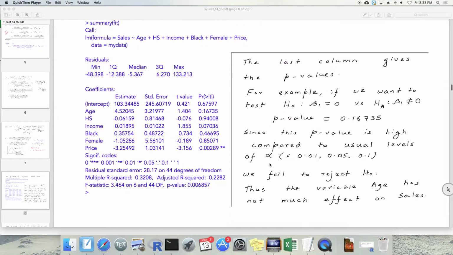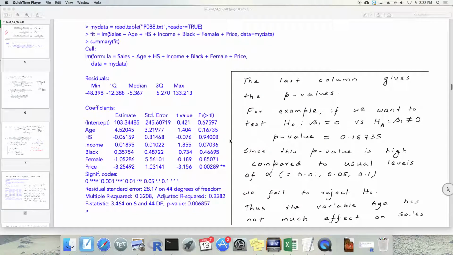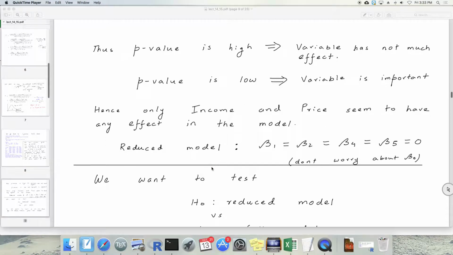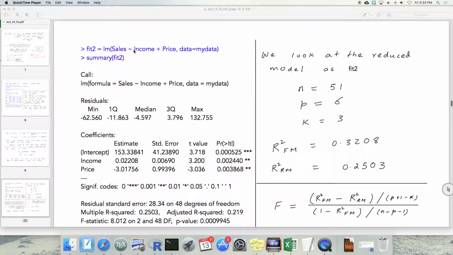and we applied this. For example, for the cigarette sales data, if we look at this summary, we see that only income and price have very small p-values. That means they are significant. So what would happen if we say the reduced model is only sales follows income plus price?